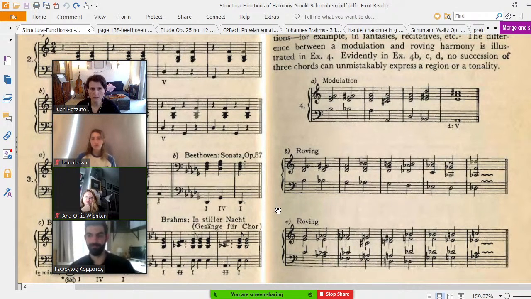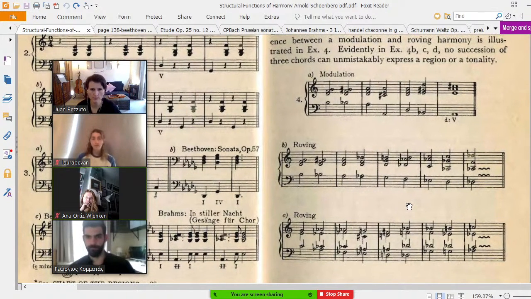Now, roving. You start the same, but then there's no sense of such a definite goal. It's not that clear. He uses more voice leading to express that, but not functions.